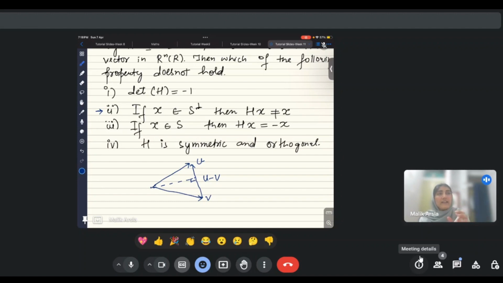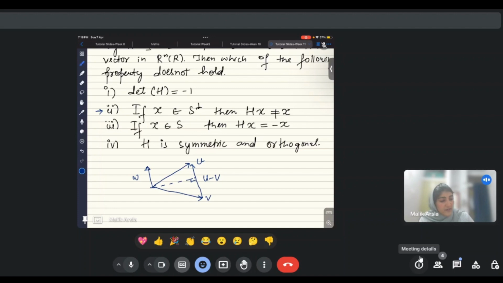If we put x, it will give us minus x. The W which we are forming in this case is perpendicular to this line, and the vectors in the span of this W are denoted here as S perpendicular.